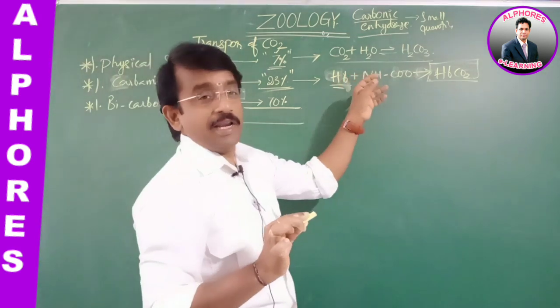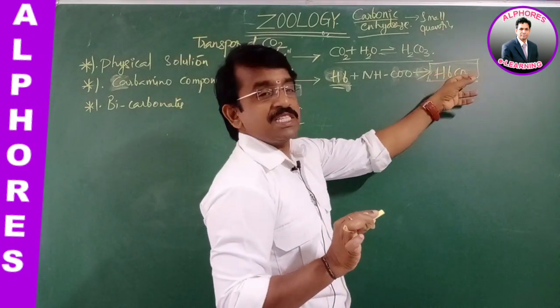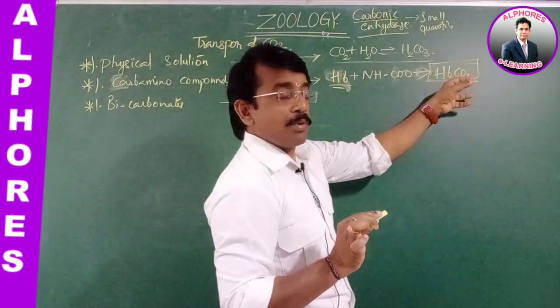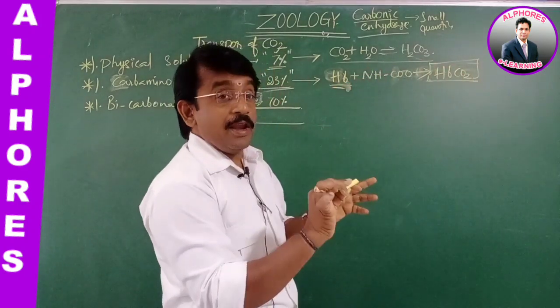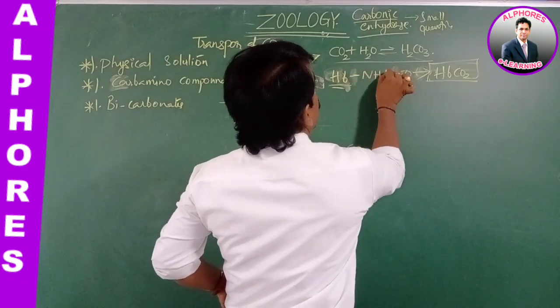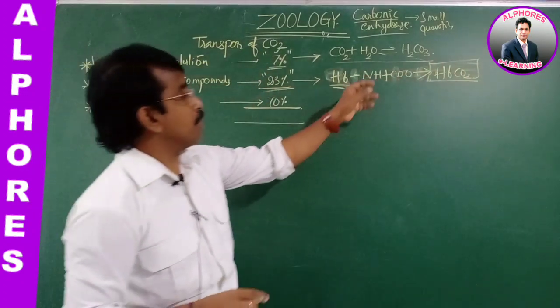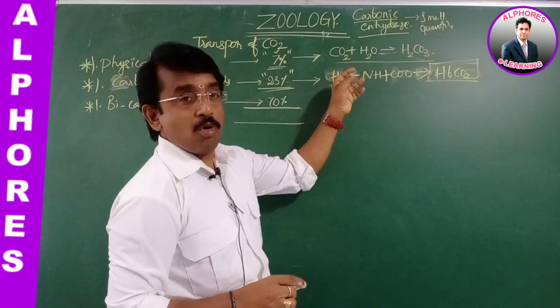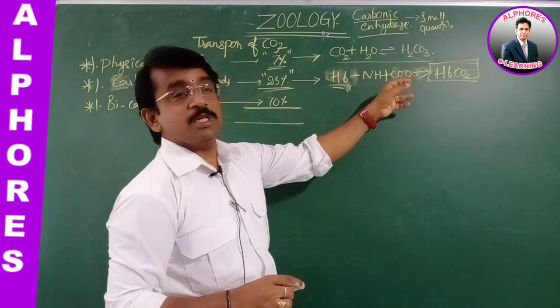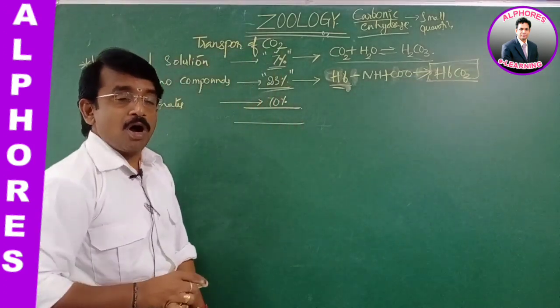So the amine NH2 of hemoglobin combines with CO2 and forms the carbamino compound.